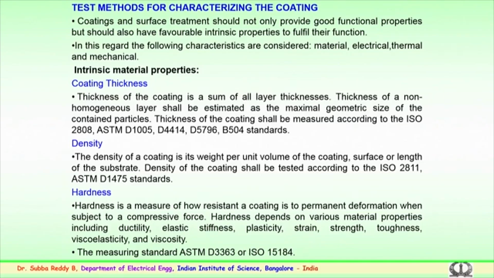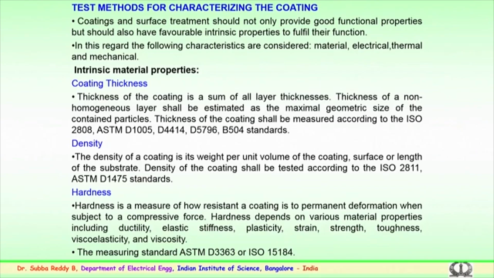Intrinsic material properties like the thickness of the coating, how is this defined? What is the extent of thickness to be applied on the equipment, that is on the conductor or the insulator? The thickness of the coating is a sum of all the layer thicknesses. Thickness of any non-homogeneous layer shall be estimated as the maximum geometric size of the contained particles.